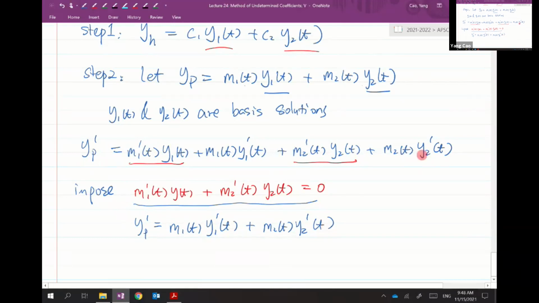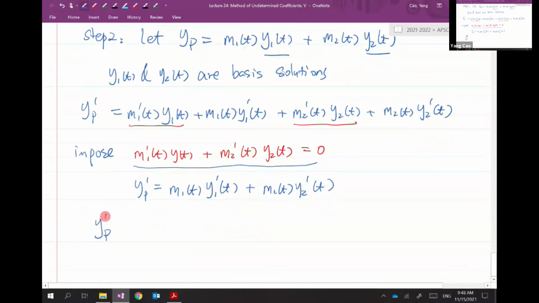Okay. So now we proceed from here to calculate yp double prime. Your yp double prime will be based on this yp prime here, and obviously you're going to use the product rule.